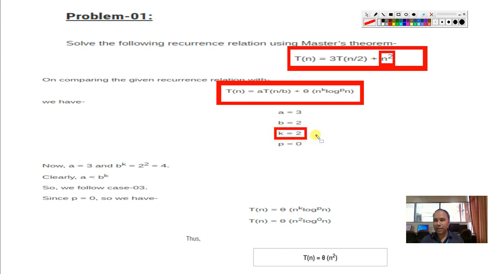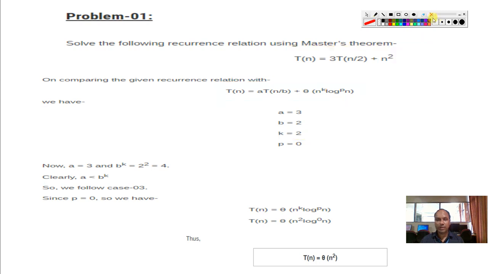It's very easy, right? In this equation there is no other term other than n^2, but we are still left with the term log^p n. So if we put p equal to 0, it will give us log^0 n, and that is 1, right? Then and only then we can say these two equations look identical.